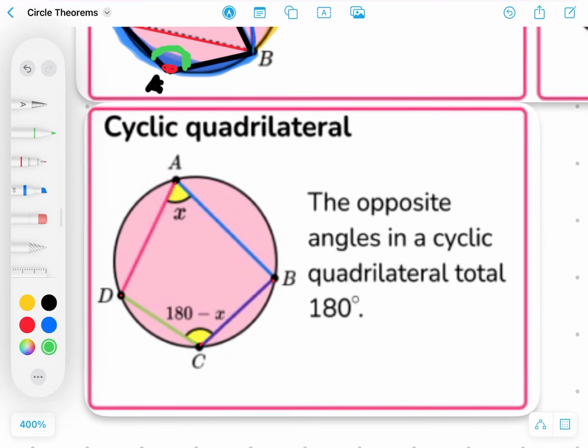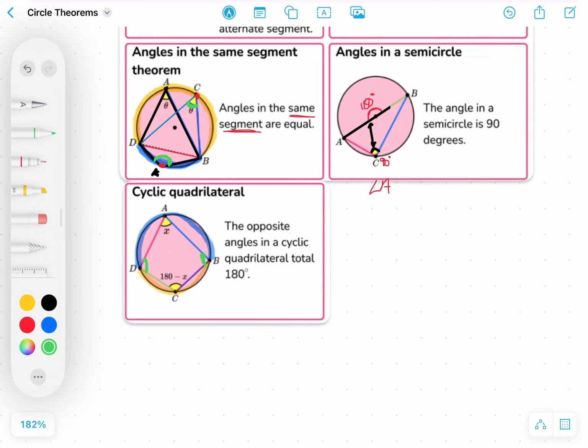So now we have the situation where they're on the opposite side. We have one on the major arc and one on the minor arc. So when that's the case, the opposite angles, A and C, add up to 180. And similarly, the angles here at D and B also add up to 180.